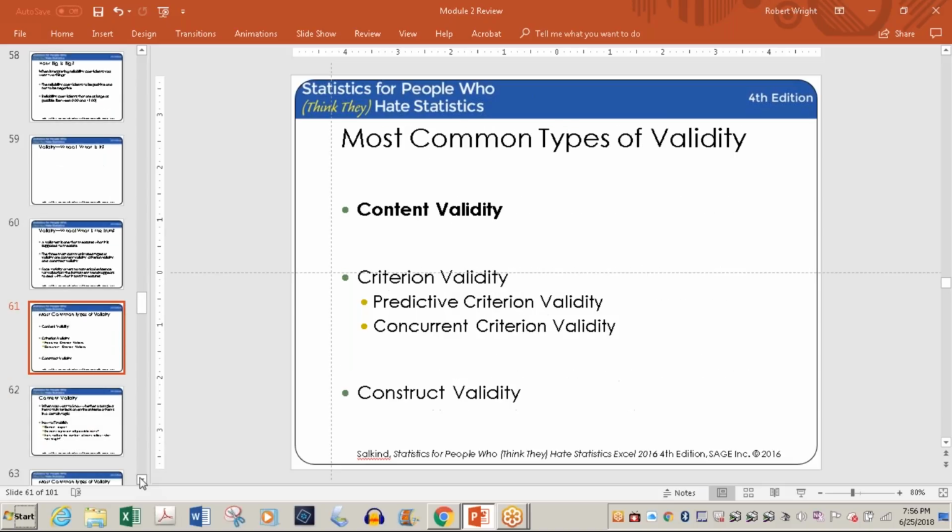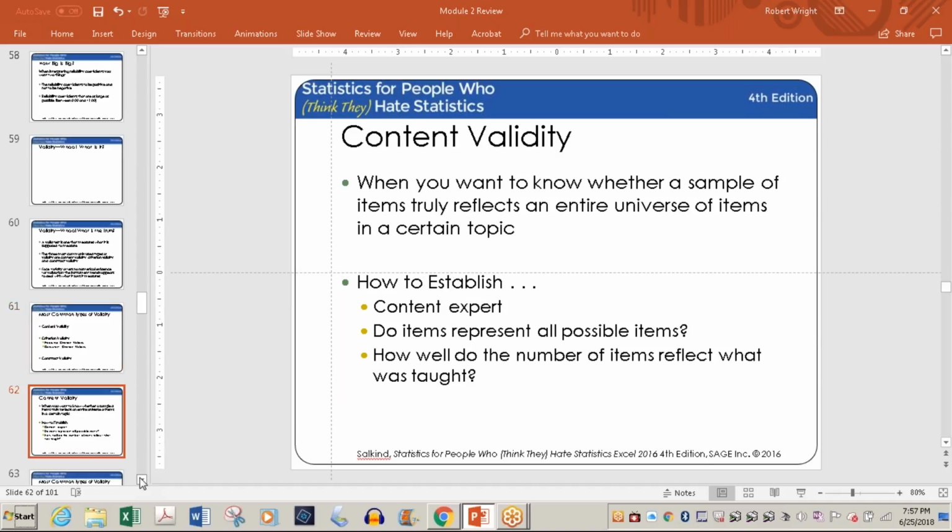instrument. When we talk about content validity, what are we talking about there? Anybody? Stumped you. When you have content validity, you want to know whether something truly reflects the entire universe of the item in a certain topic.